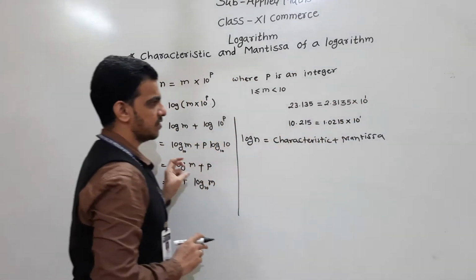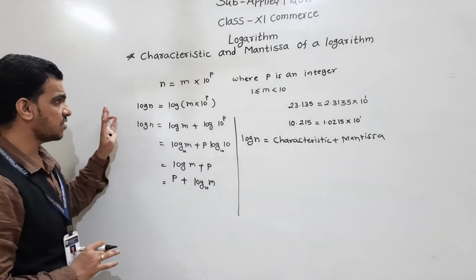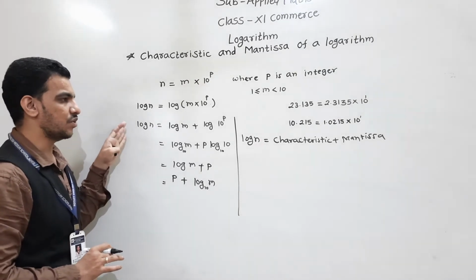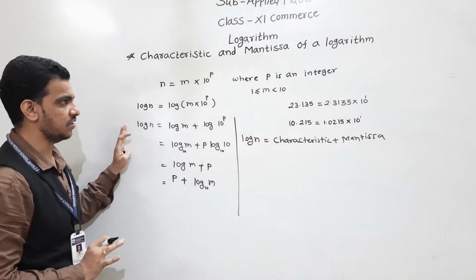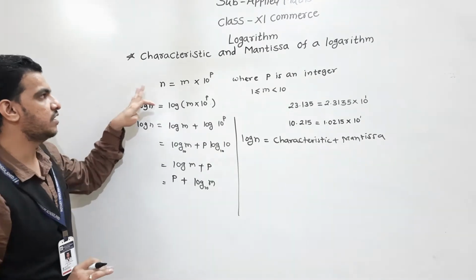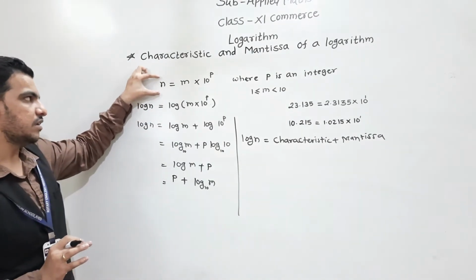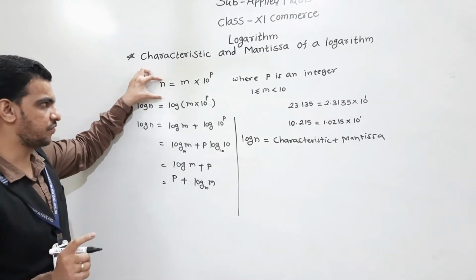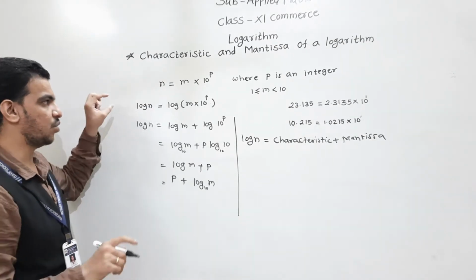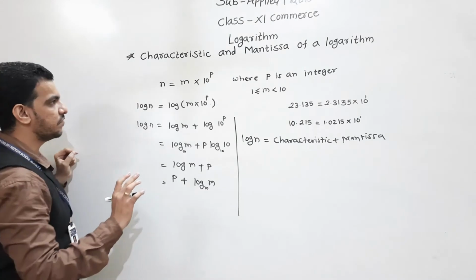Understand this. First we will see what is meant by characteristic, and how we find the log of any number. First we have to write that number in standard form of decimal. Yesterday we learned how to write in standard form of decimal.